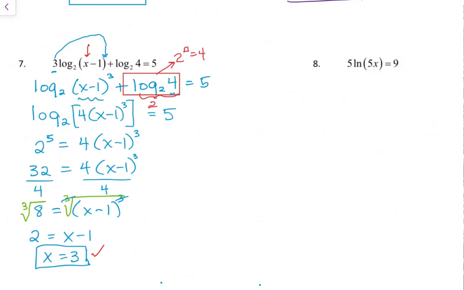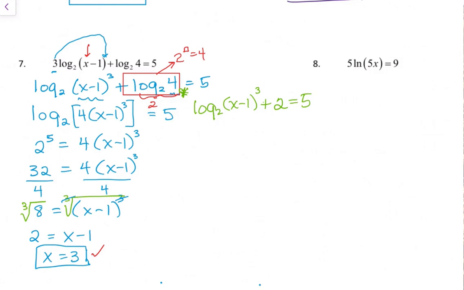So what I could have done back in the beginning of the problem was, instead of adding these logarithms together, I could have had my log base 2 of x minus 1 cubed, and then evaluated that log base 2 of 4, which we just said was 2, and then I would have a single logarithm without actually adding the logs together.